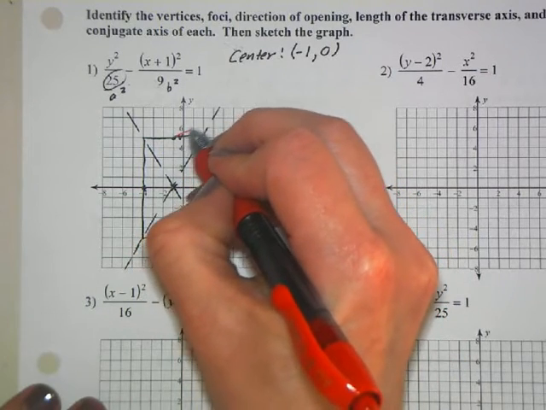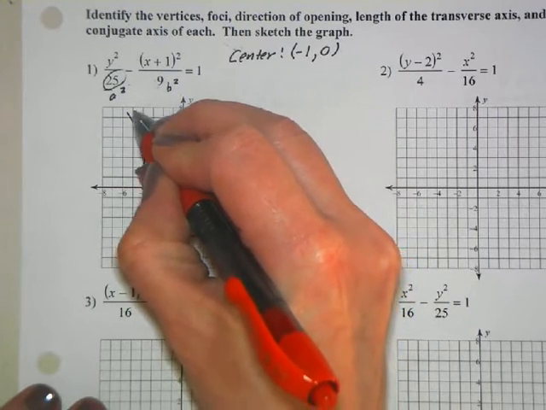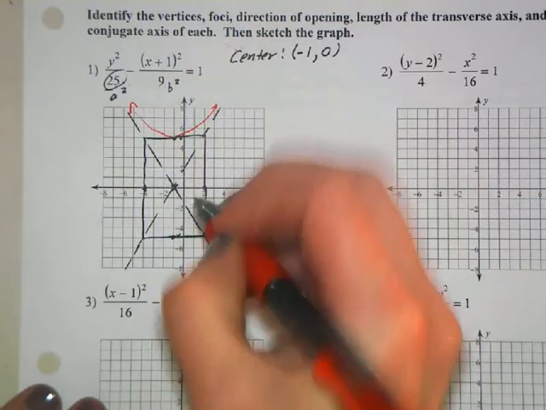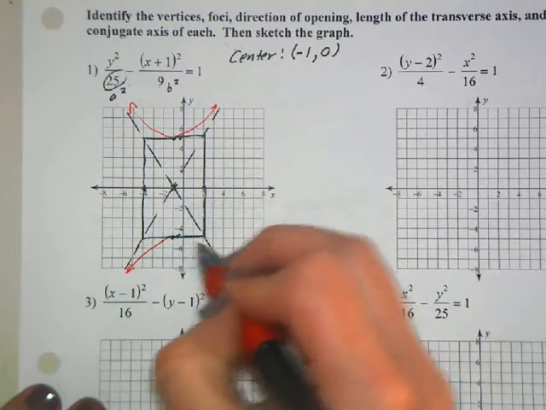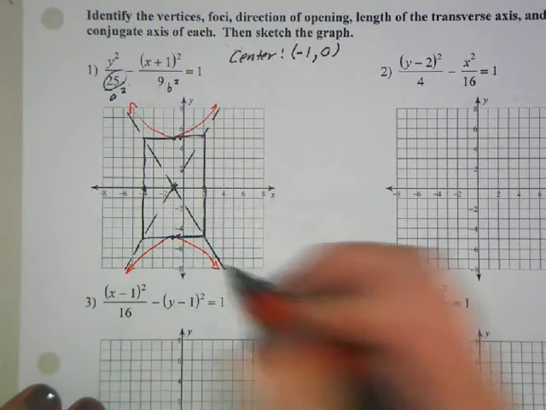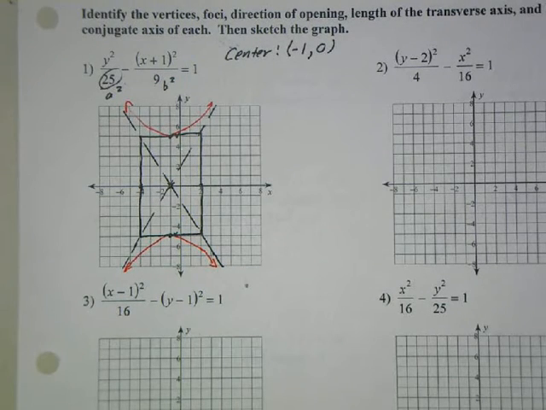So you come here and make it go out and kind of hug your asymptotes there. So from the vertex, and that's a good representation of what you would get if you were to graph this. Okay?